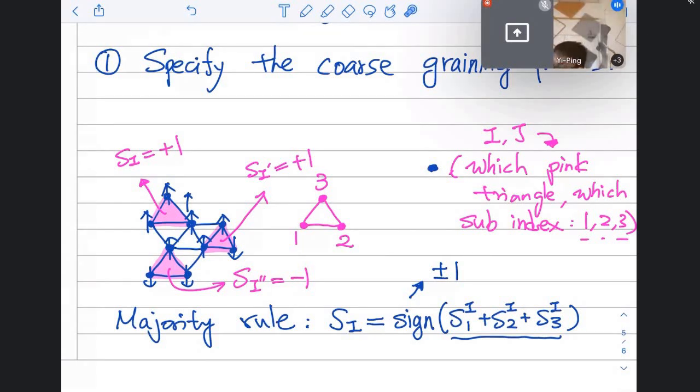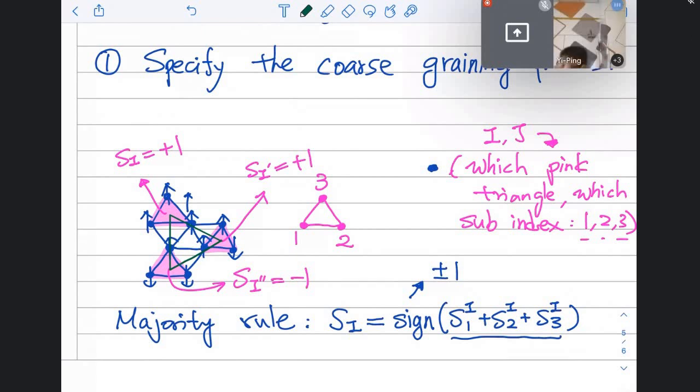And here I'm drawing a relatively small portion of the system, but you can probably already see that these pink triangles themselves form some kind of lattice. Let me use another color to draw why it is a triangular lattice. Okay, so this is a new set of lattice, but it is still a triangular lattice, just rotated by 30 degrees.